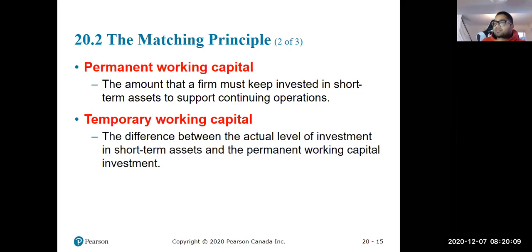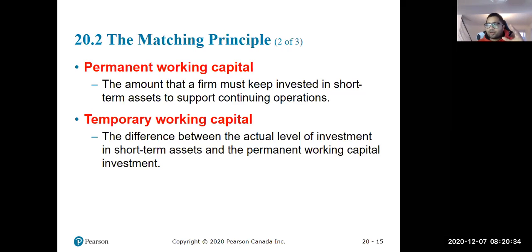Now there will be fluctuating working capital, that is, temporary working capital. The difference between the actual level of investment and the permanent working capital is called temporary. So some cash demand will be the baseline demand, and then in the months that sales are good, you will have higher demand.